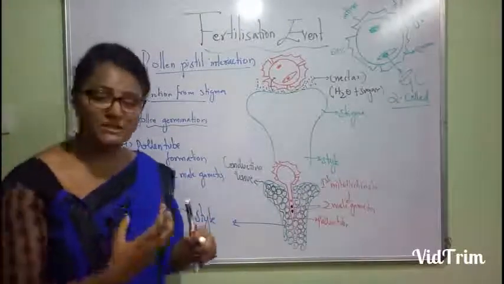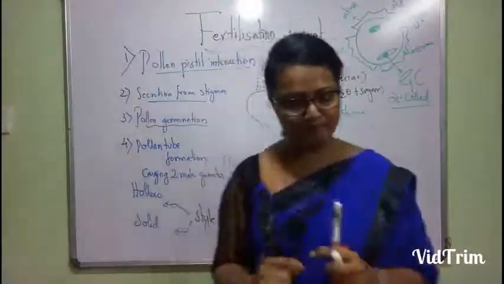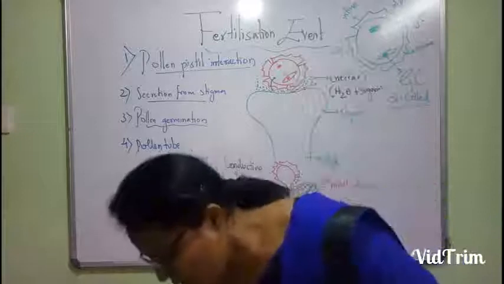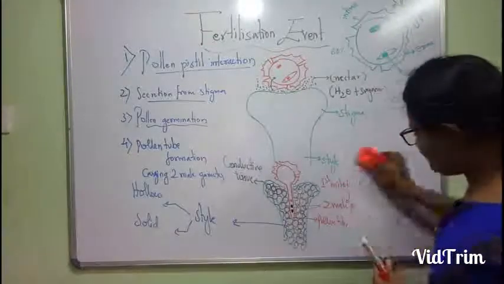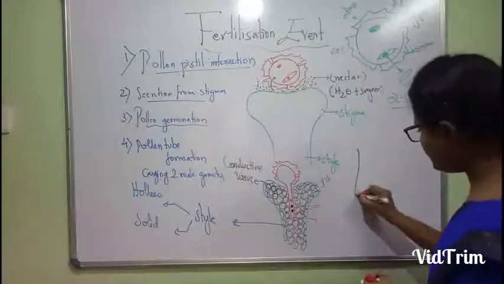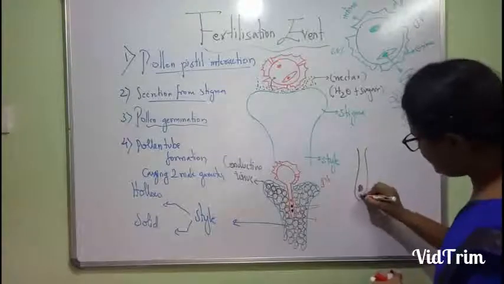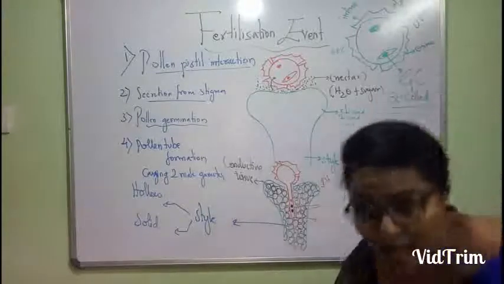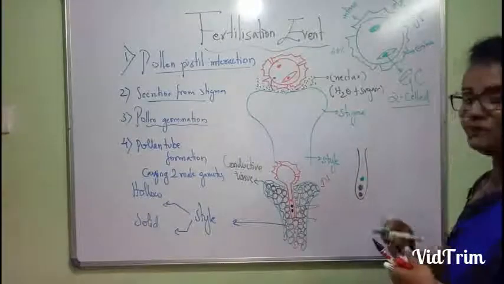Sometimes there will be a chance of rupture of this pollen tube end. So during this time, just imagine this is a pollen tube which contains two male gametes, and this is the vegetative nucleus.